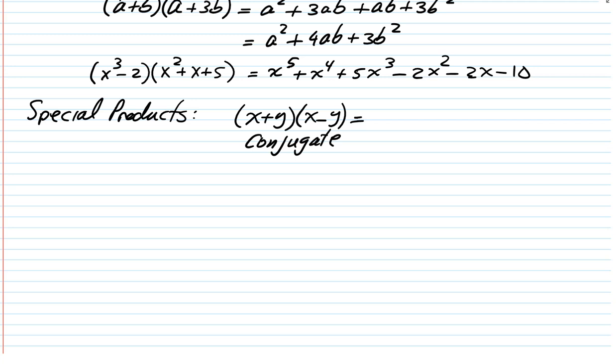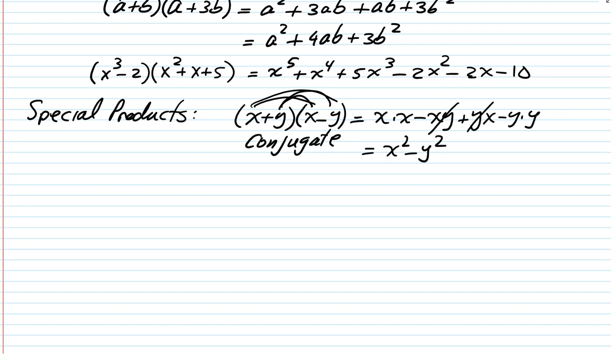So we can distribute, do x times x, minus xy, and then do y times x, y times y. I'll make it x squared. The 2 middle terms are opposites, they add to 0, so that's going to be x squared minus y squared.